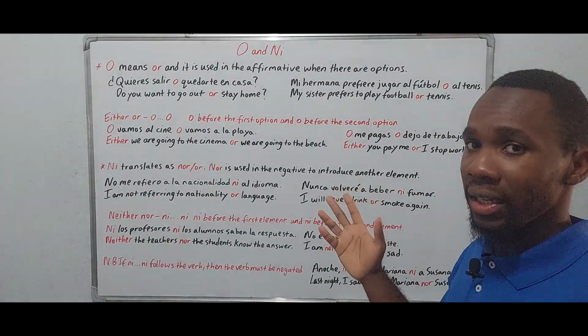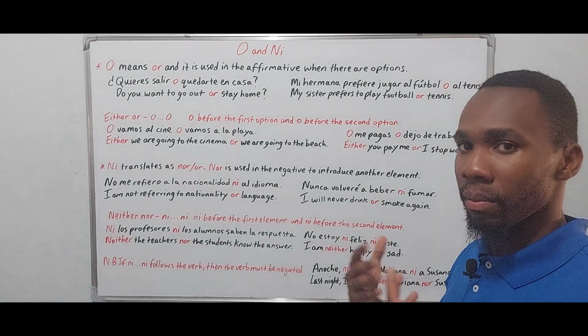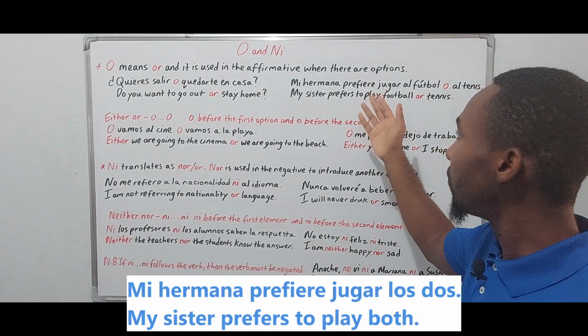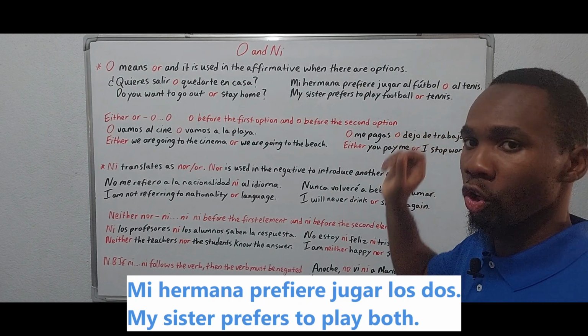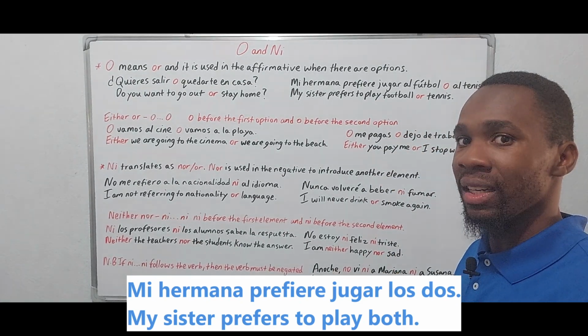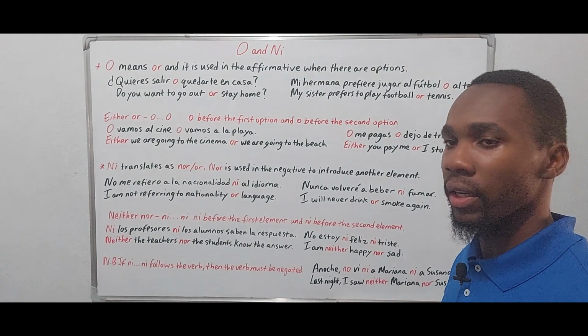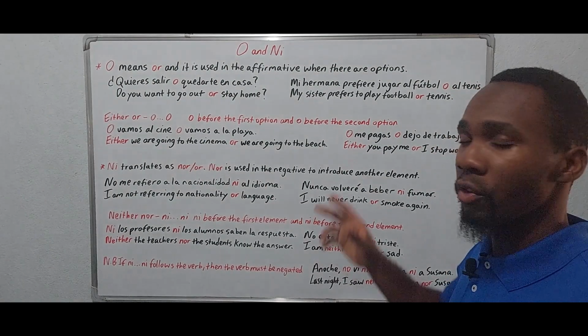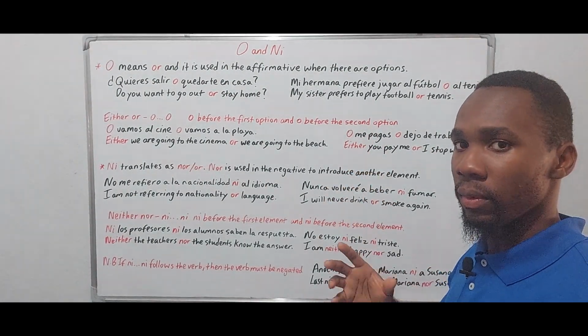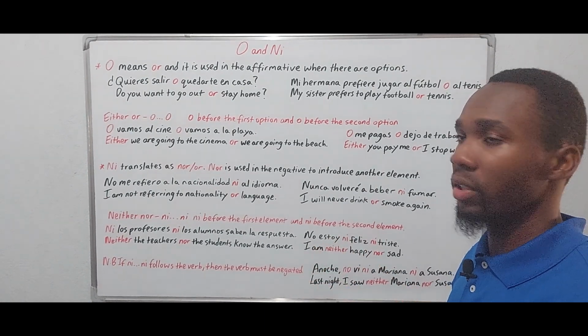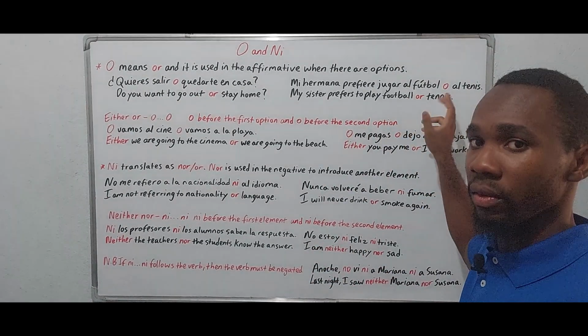So if I want to reply to that, I could say mi hermana prefiere jugar los dos. Los dos meaning both, right? That's right. And of course, los dos, that expression has to be masculine because we're talking about 2 sports, right?